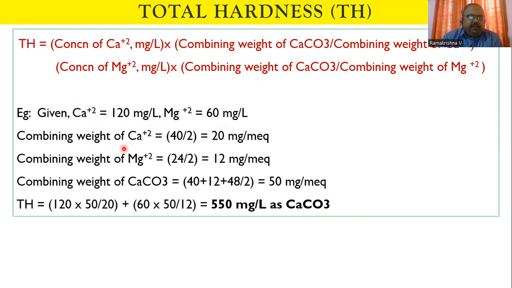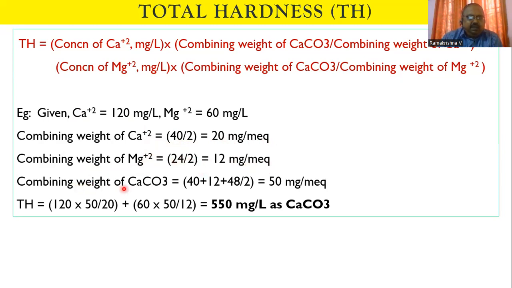Combining weight of Ca+2 is equal to molecular weight, which is 40, divided by number of charges, 2, which is 20 milligram per milliequivalent. Combining weight of magnesium is 24 molecular weight, and number of charges in Mg+2 is 2, so 12 milligram per milliequivalent.